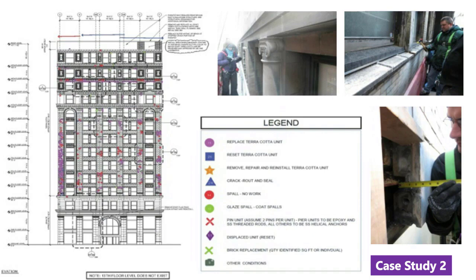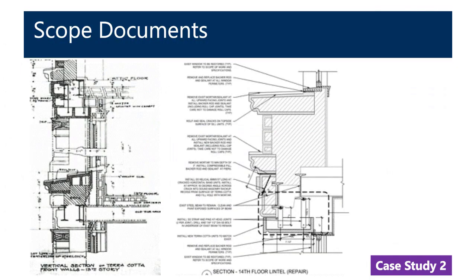So as we mentioned earlier, reviewing original documents or anything that is provided to us is really helpful, especially in the scope document phase. So on the left here, we have an original construction detail from this building, and then ultimately showing the scope document repair detail that was prepared. The thing to note about this is that oftentimes the detailing itself is not changing significantly.